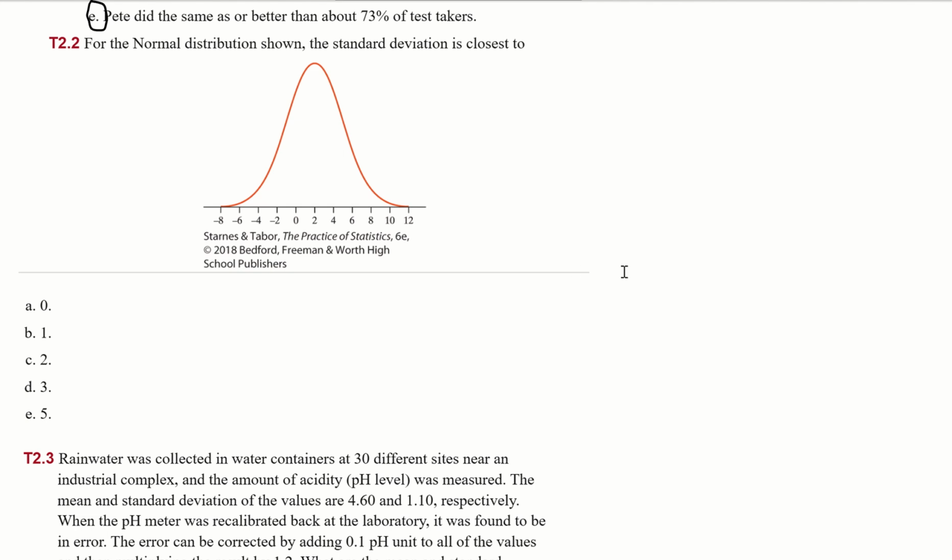Okay, so for this type of problem, look to see where the tail behavior is located. We know that the mean is in the center, so we know that the mean is approximately 2, right? And if I look at the tail behavior, it looks like the tail begins to approach or touch the x-axis.